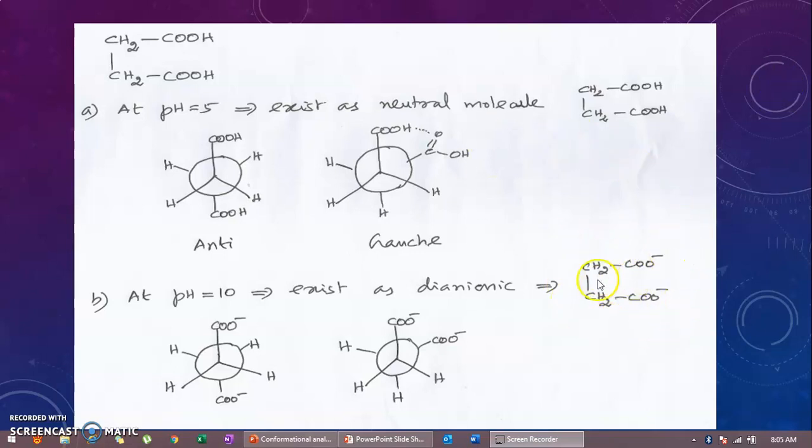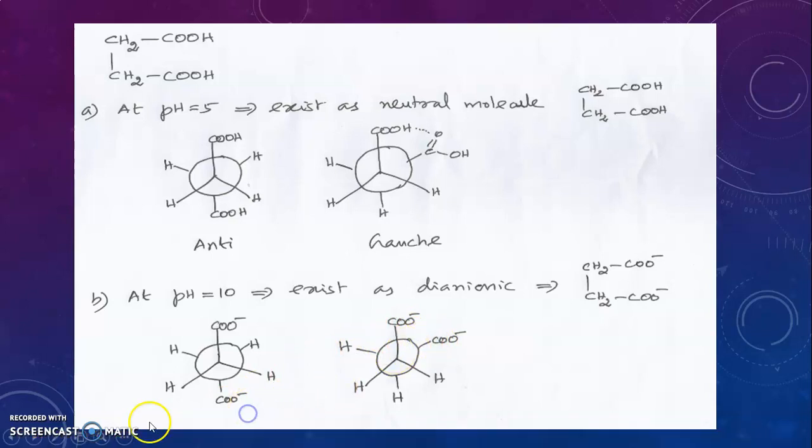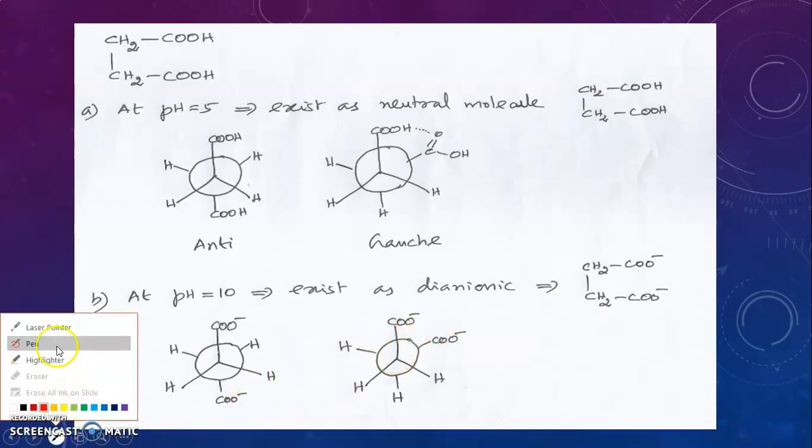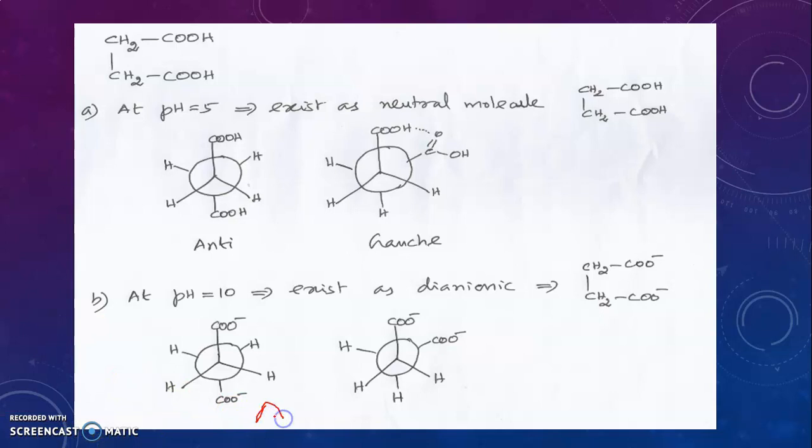Now, for this dianion, we have two possible staggered conformations. This is the anti-conformation, I'll just put A, and this is the gauche conformation, G.